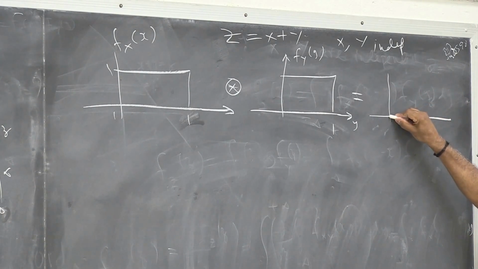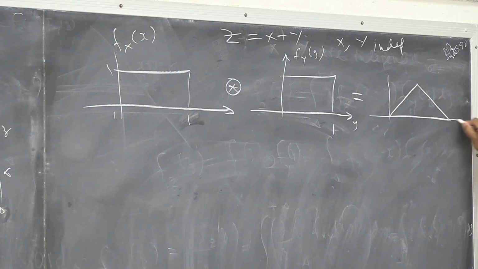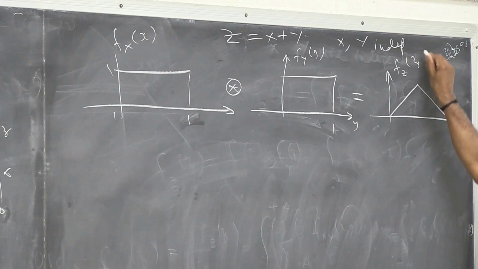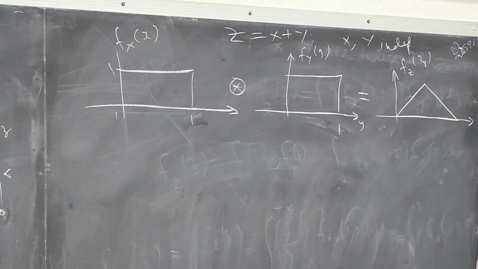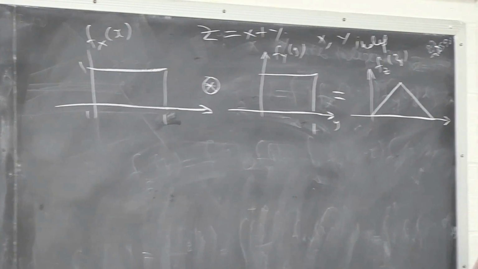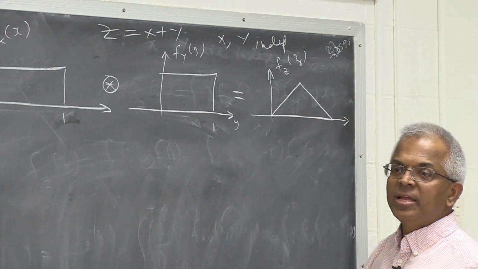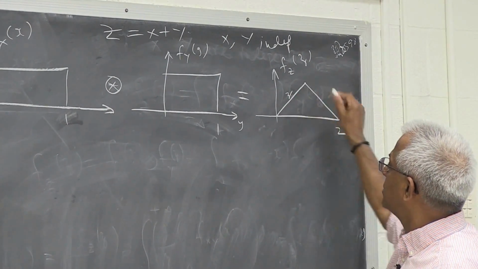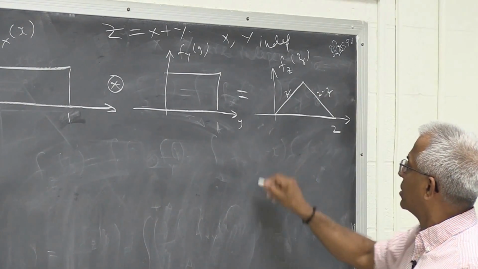A triangle. Well, you just got lucky. But that's true. This is solved in detail in the text, so I'm just not going to go through the details. So this will turn out to be z, and this is, I think, 2 minus z.